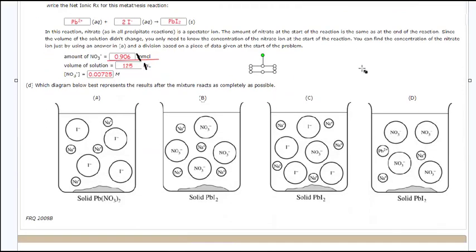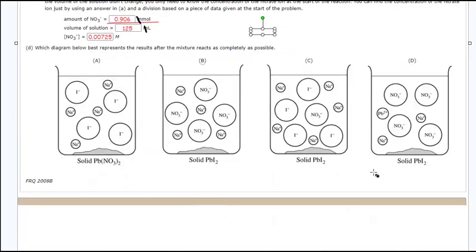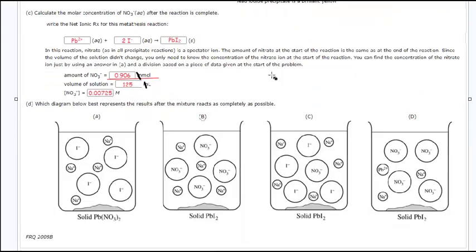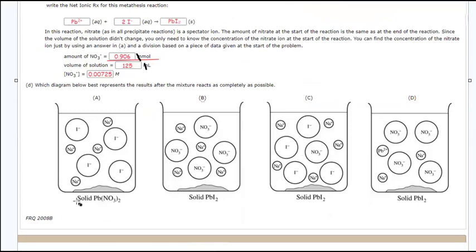Now for this last part, which is called diagrams. It says, which diagram below best represents the results after the mixture reacts as completely as possible? Okay, let's see. We had a reaction and it made solid lead iodide. This says solid lead nitrate, so forget that.